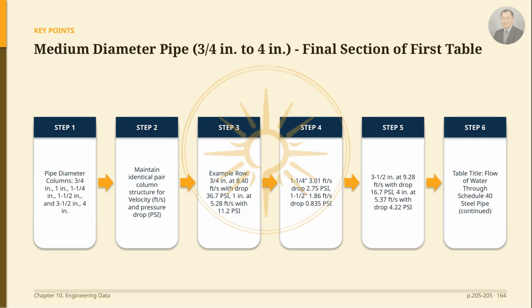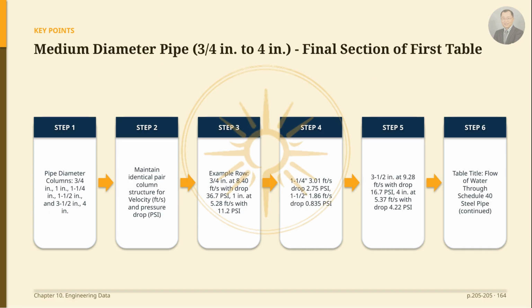The structure is the same as before, pairing velocity in feet per second with pressure drop in psi per 100 feet. Looking at representative values for the same flow rate, a 3/4 in pipe has a velocity of 8.40 feet per second and a pressure drop of 36.7 psi, whereas a 1-inch pipe's velocity is 5.28 feet per second and the drop is significantly lower at 11.2 psi.